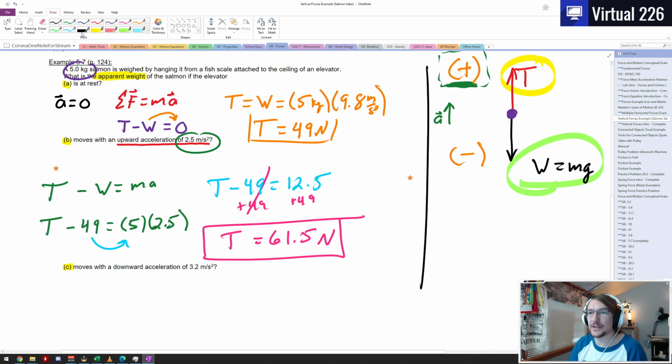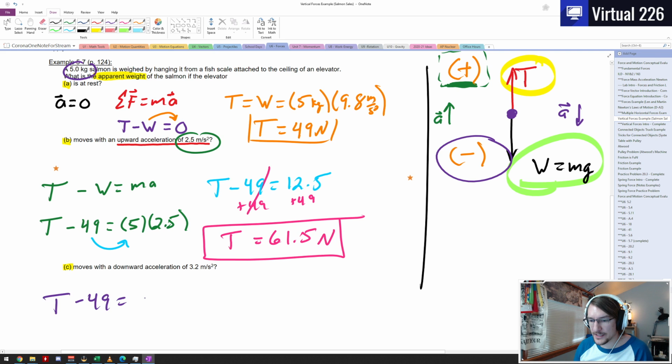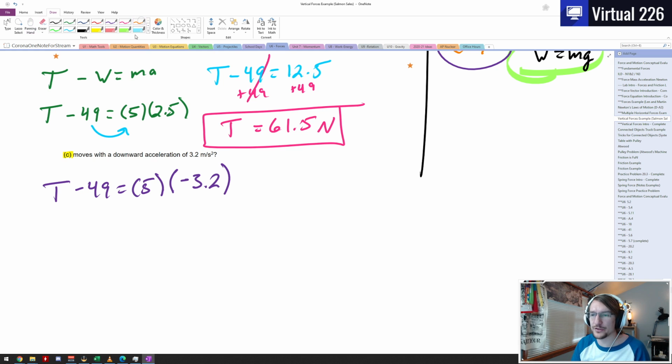Okay, so let's just solve the last part here. We're now going to accelerate downwards at 3.2 meters per second squared. Since our acceleration is downwards now, it's going to be negative. So same equation, T minus 49 equals 5 times negative 3.2 meters per second squared. I know all the units are going to be newtons here, so that's good. 5 times negative 3.2 gives me negative 16.